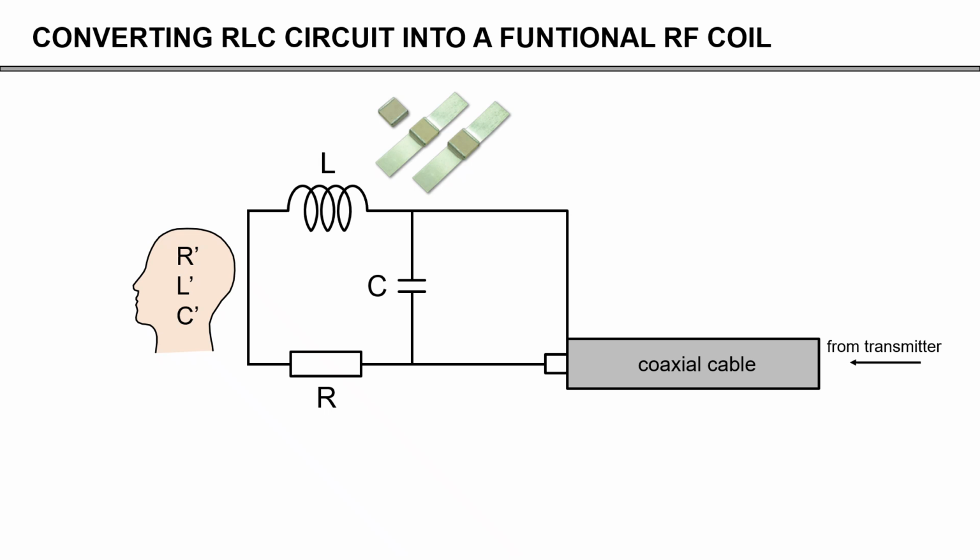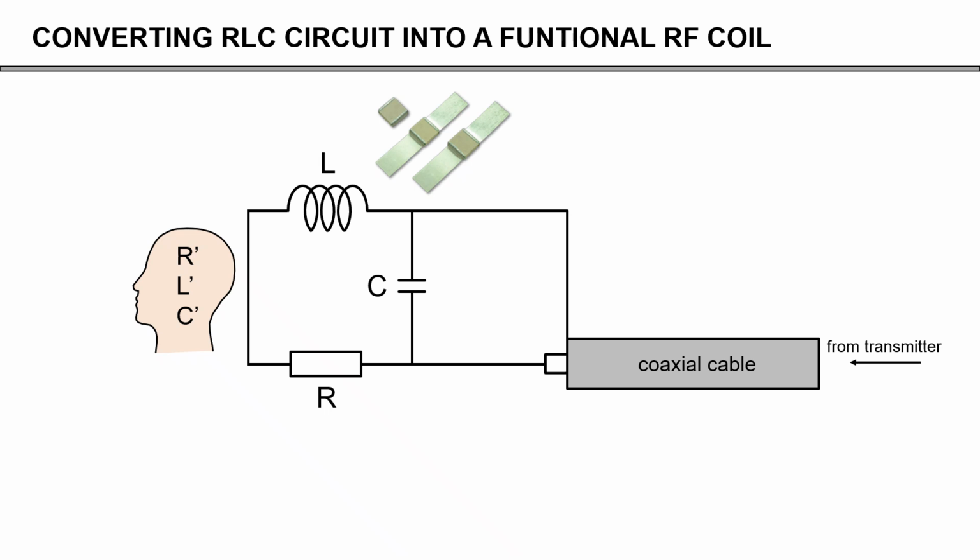Now, if the empty circuit without the subject is at 50 ohms, then that's fine. But as soon as you add a subject to it, the resistance and the impedance will definitely change.